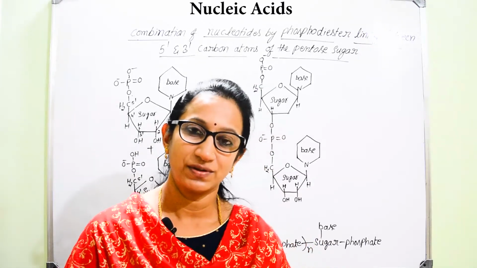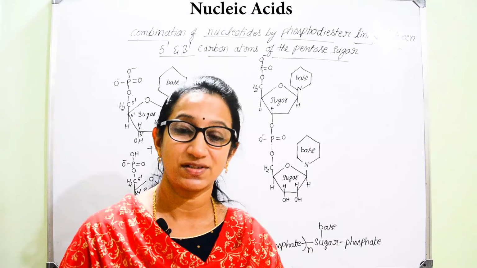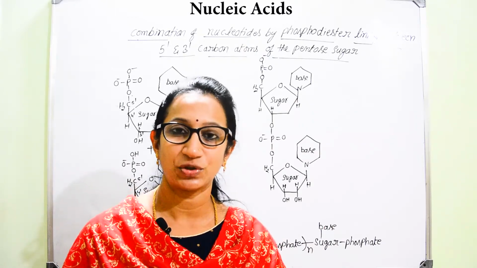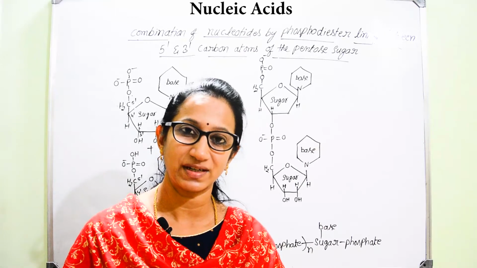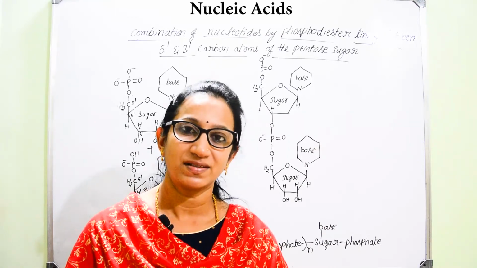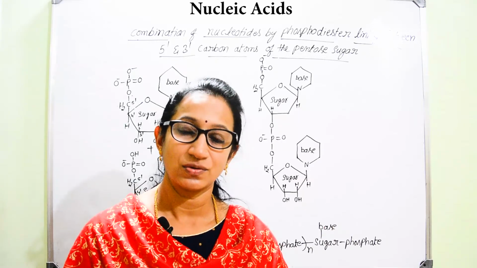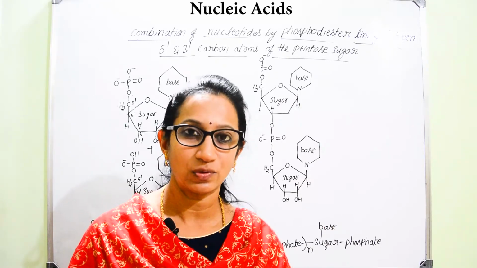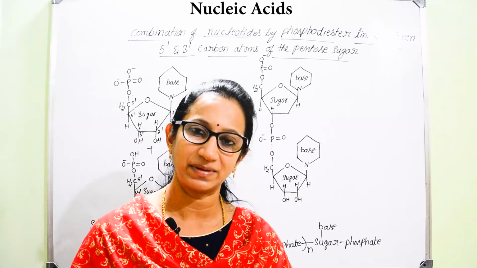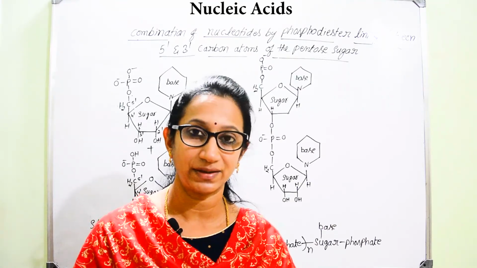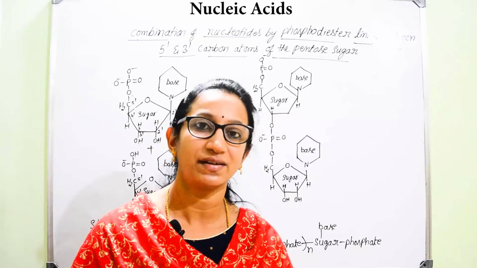Once you understand what a nucleoside and a nucleotide are: in a nucleoside there is a combination of sugar and base, and then the nucleoside combines with phosphoric acid to give a nucleotide. Such nucleotides will undergo linear combination. They will combine with another nucleotide unit with a phosphodiester linkage.